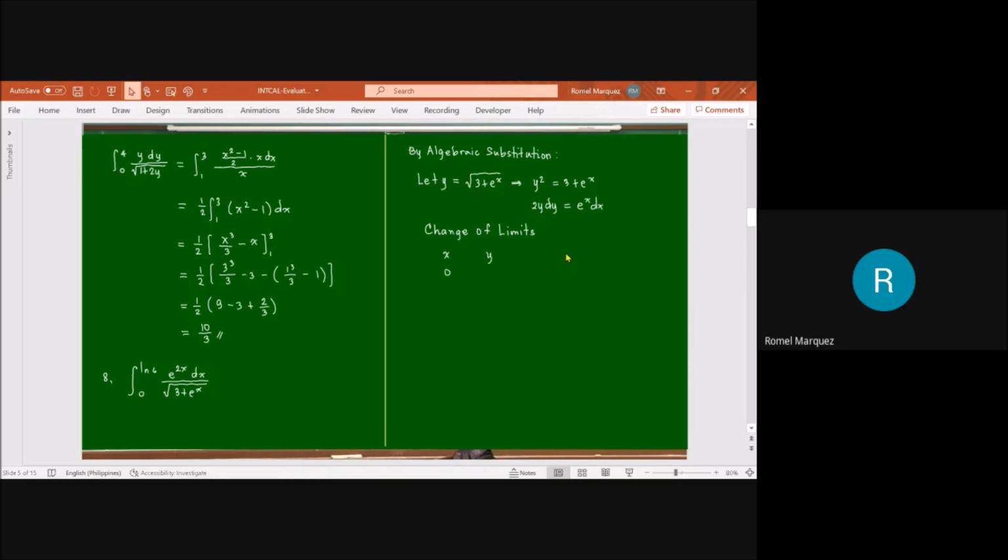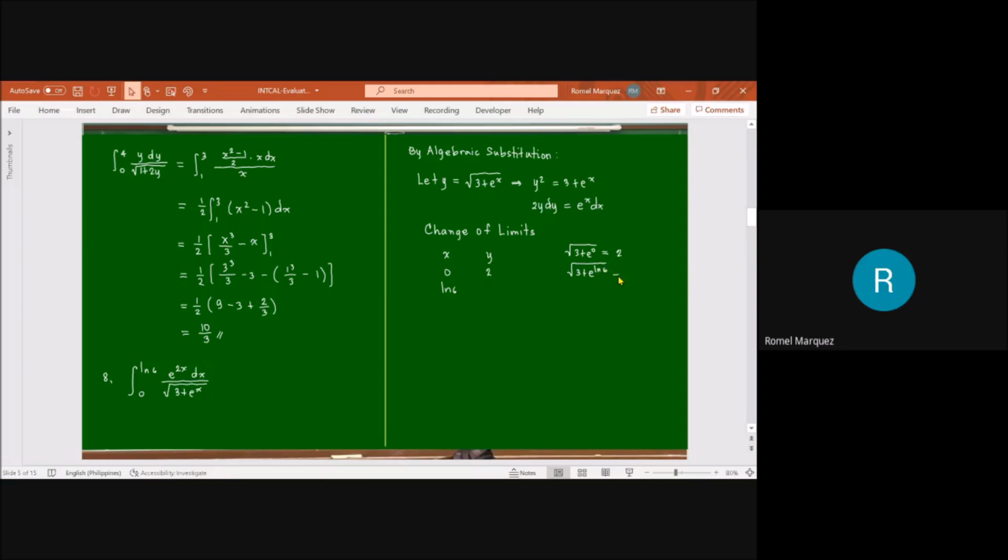So we have square root of 3 plus e to the 0. This is equal to square root of 4, that is 2. What about if x is equal to ln 6? So square root of 3 plus e to the ln 6.